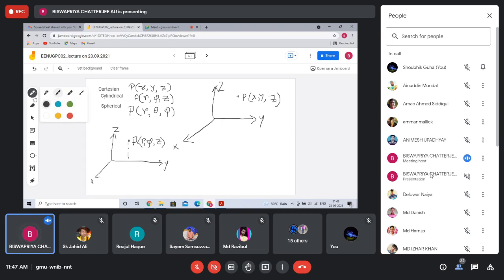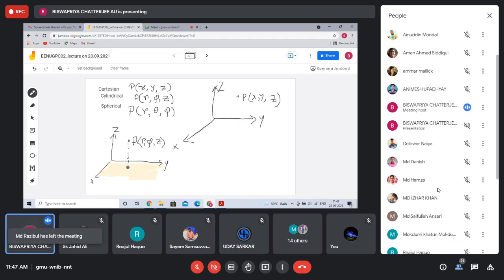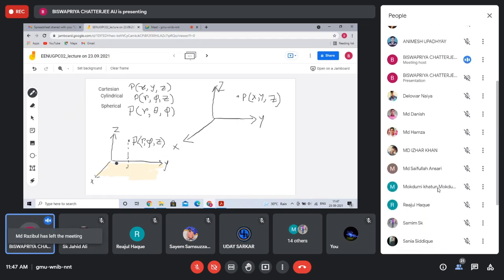The line joining the origin to the projected point is R. The angle between the positive x-axis and R is phi.